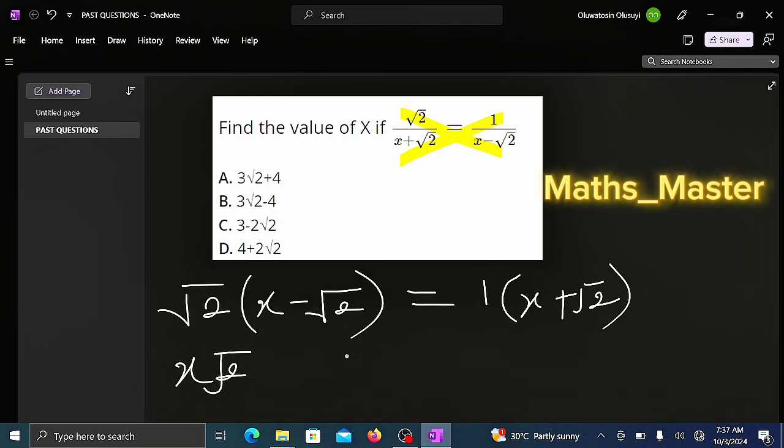So note it, root 2 times root 2 is 2. Because this one is having negative, that will be negative 2. And that equals 1 times x, 1 times root 2, that is plus root 2.